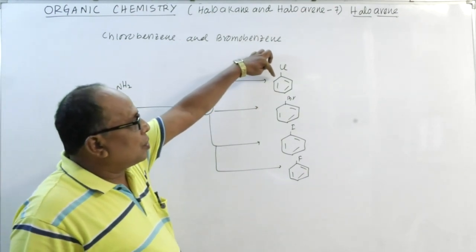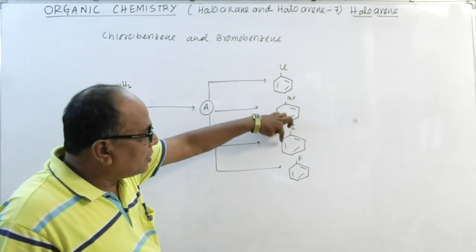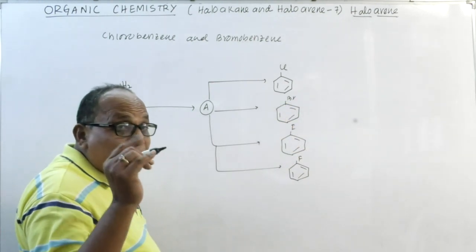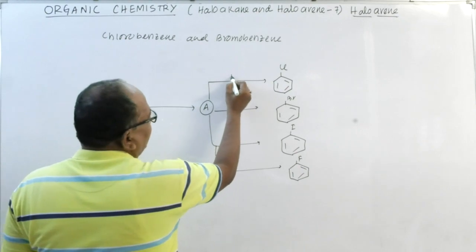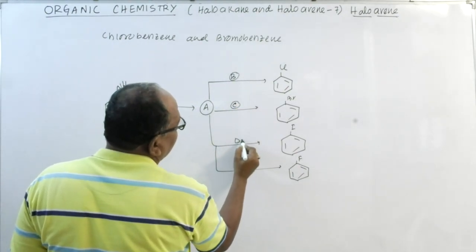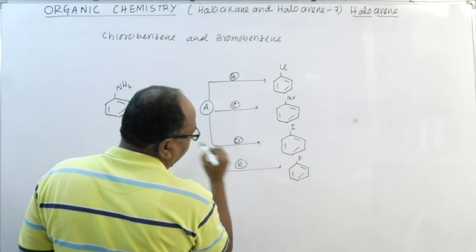This is your chlorobenzene, this is your bromobenzene, this is your iodobenzene, this is your fluorobenzene, by using a suitable reagent: in this case B, in this case C, in this case D, in this case E.